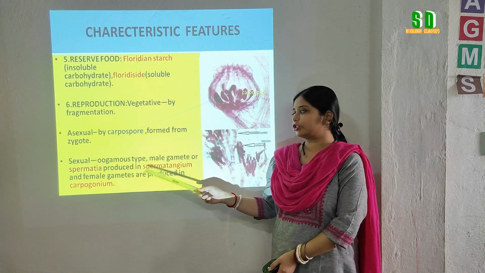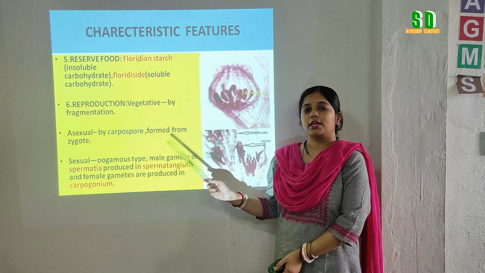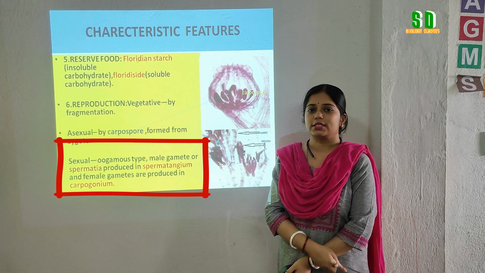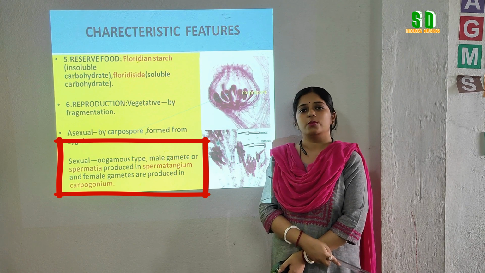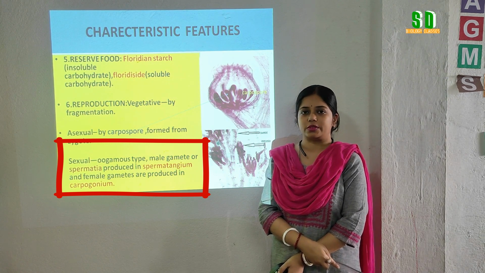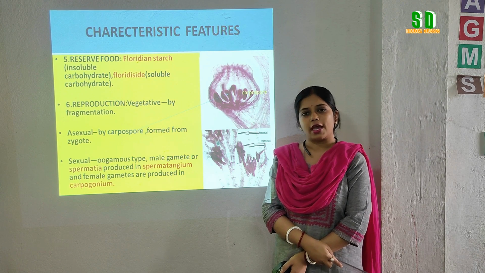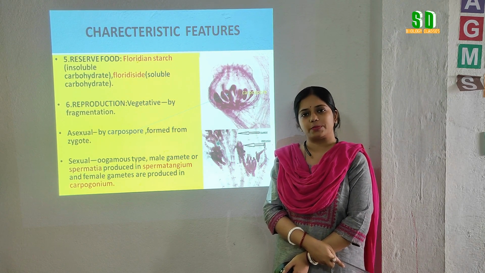The sexual reproduction in Rhodophyceae is of the oogamous type. That means in rhodophycean members, the motile stage is totally absent. The egg cell or the female gamete is non-motile, as well as the male gamete or the spermatia.